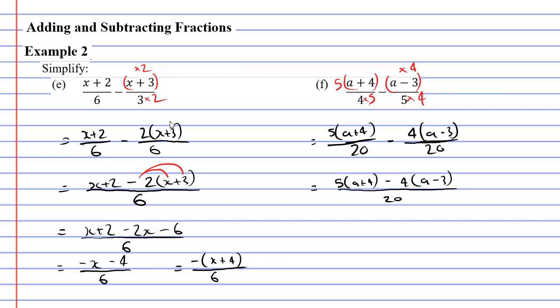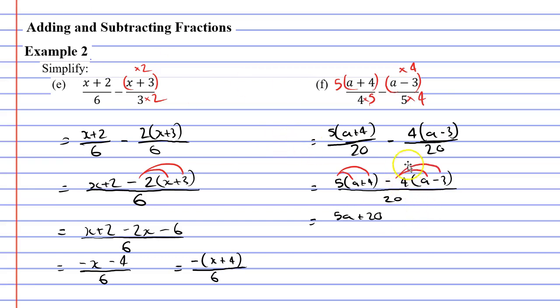So in order to simplify this, I'm going to start by doing some expanding. Looking at my first set of brackets, 5 times a is 5a, and 5 times 4 is 20. So I'm going to get 5a plus 20. And then remembering that this is minus 4 times a, and minus 4 times minus 3.